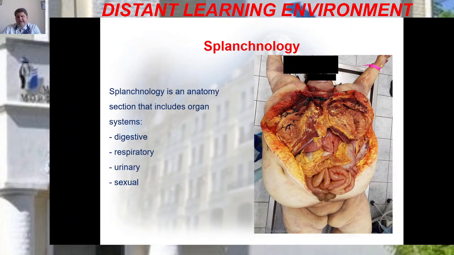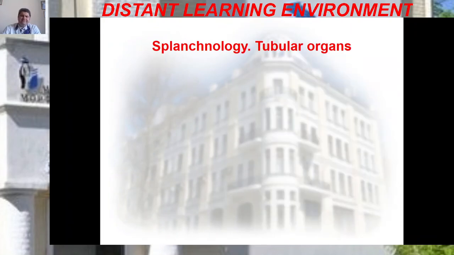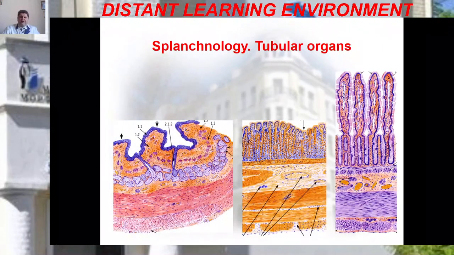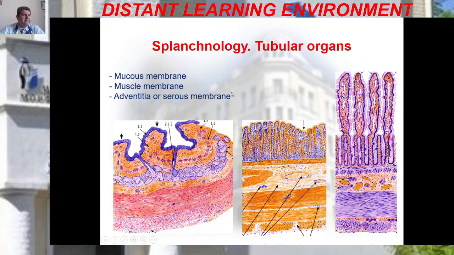So next, let's talk about the main anatomy of two types of internal organs. The first type is tubular organs. You may see, for example, the histological examination of the esophagus, stomach and intestine, and you may see three main layers of the wall of these tubular organs.